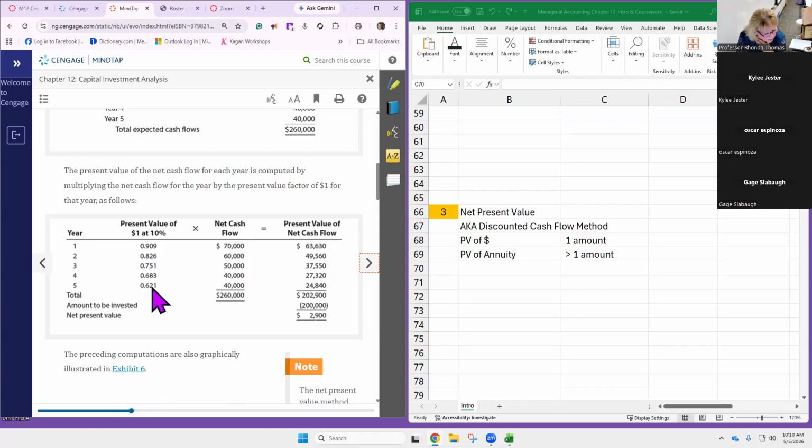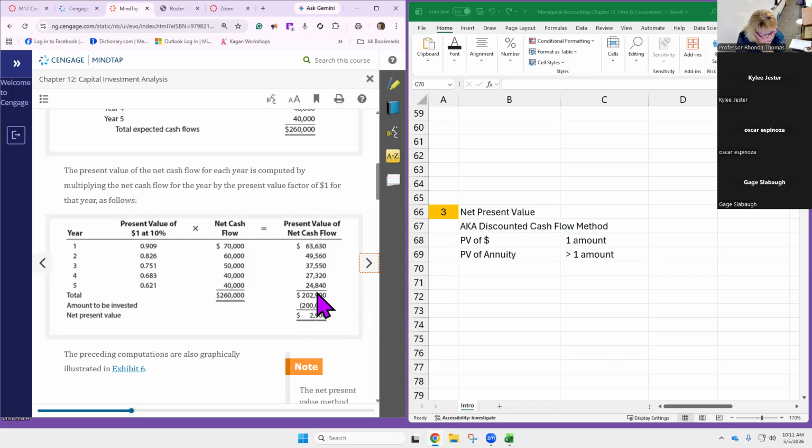And the further you go out into the future, the 5th year, the net cash flow for year 5 in today's money is only worth $24,840. So you have to take that net cash flow, and notice these percentages go down. So in year 5, the cash flow that we're going to get is only worth 62.1% because it's in the future.